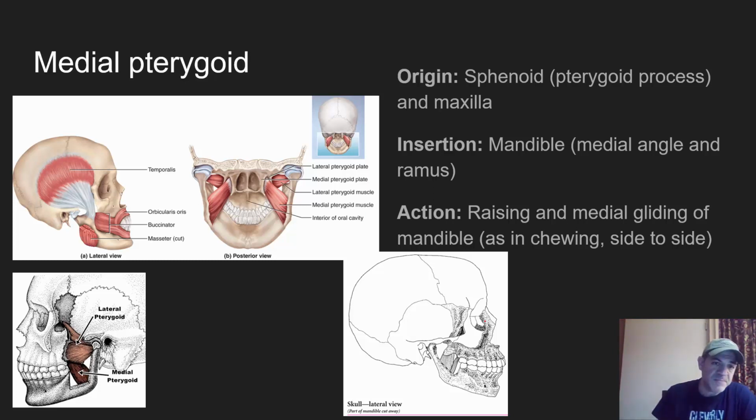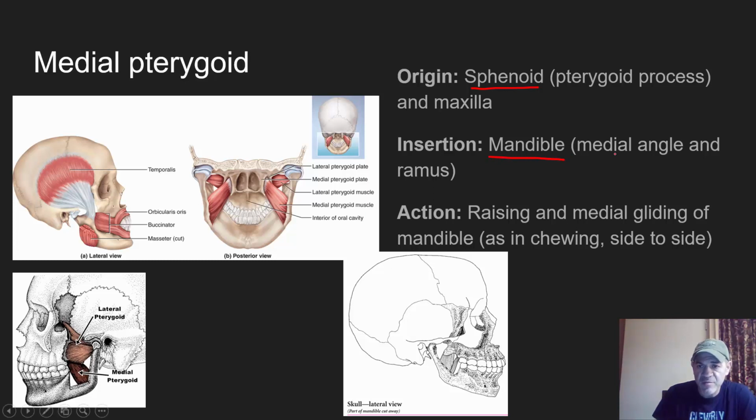These are deeper muscles, and there are two: the medial and the lateral pterygoids. Both of them originate on the sphenoid bone, but their specific locations are slightly different, as we'll see if we look closely. They both insert on the mandible as well, but at different locations on the mandible.